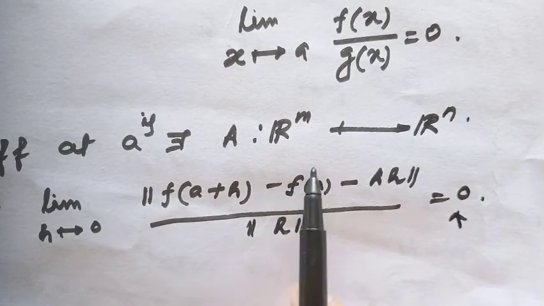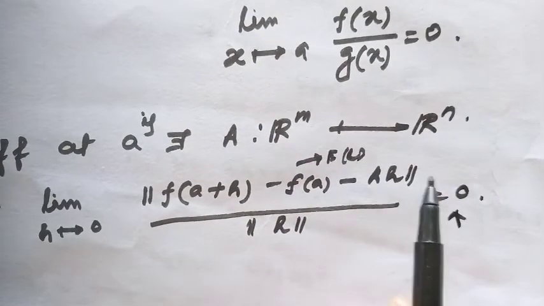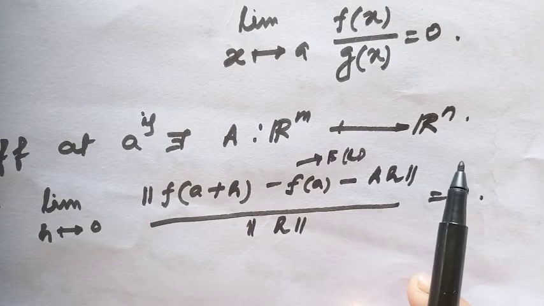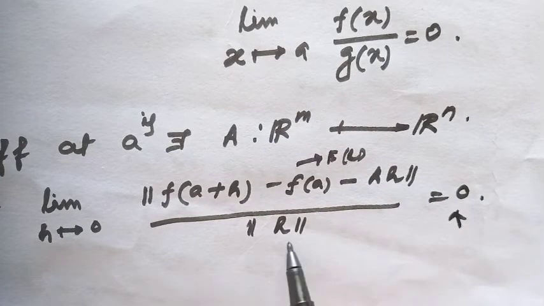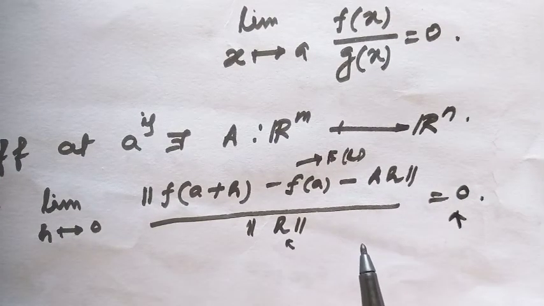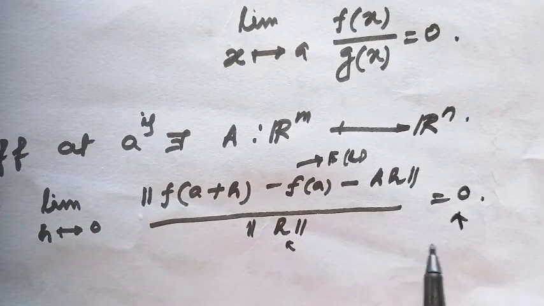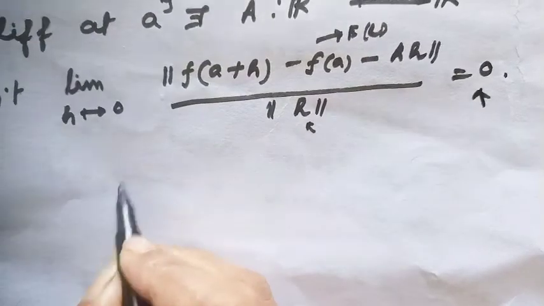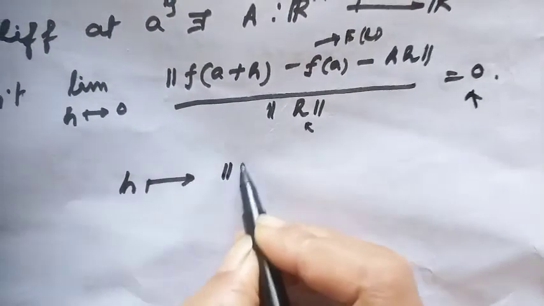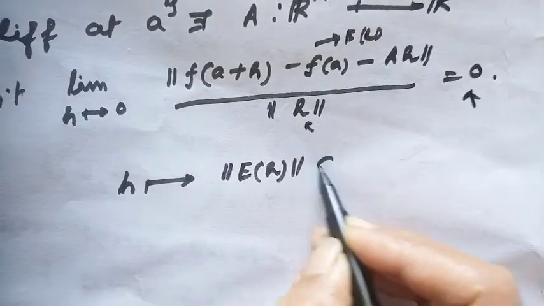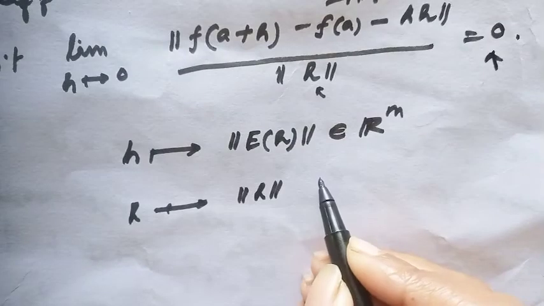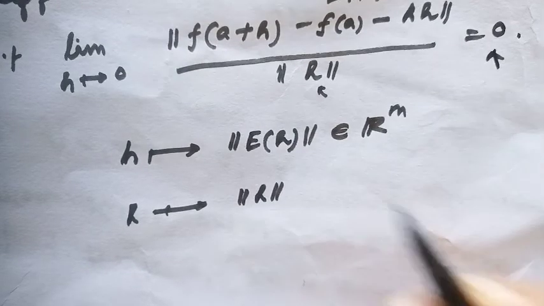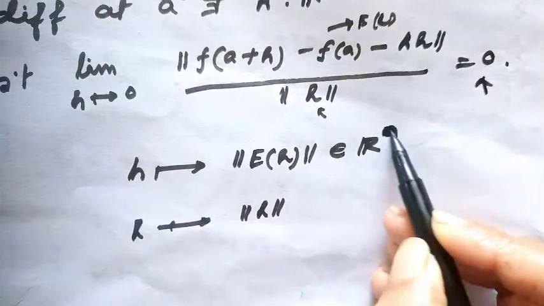Where we all of us know this part, norm of E_a(h), is the real valued function from Rn to R, and this part norm of h is the real valued function from Rm to R. Sorry, this is not m, this is n.